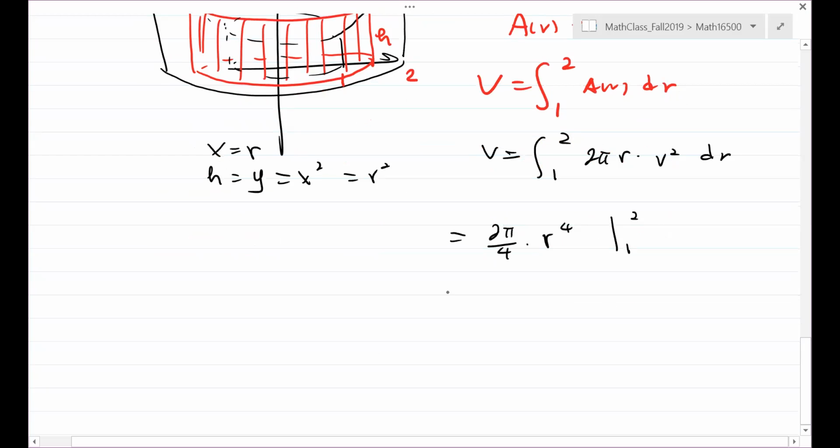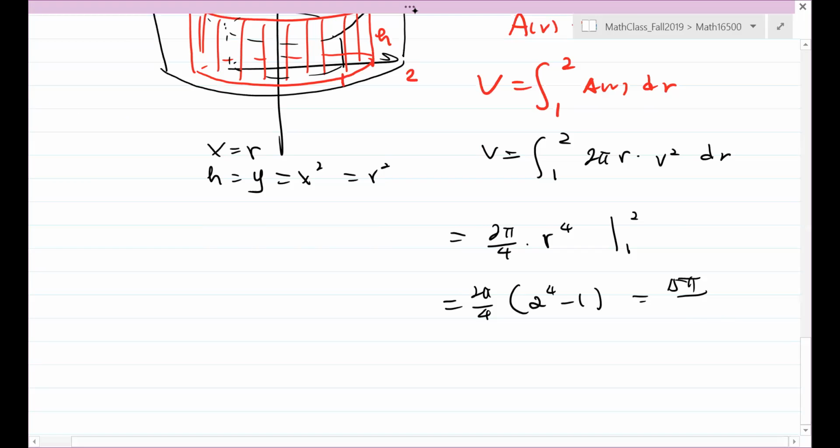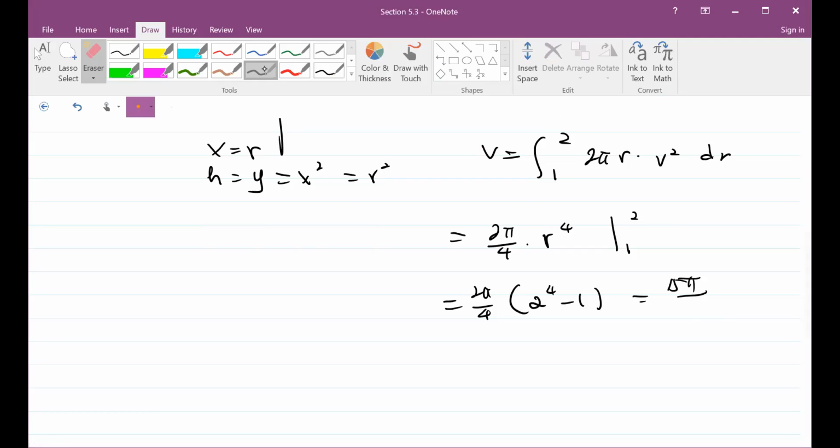So 2 to the 4th power minus 1. What I get is 15 over 2. Sorry, 15 pi over 2. Did I get the same answer?